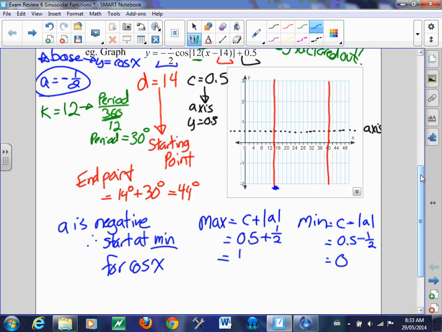And if I start at my minimum and I complete one cycle, I need to also end at my minimum. And then, because it's cosine, I need to get to my maximum halfway between the two. I apologize, I have this line wrong. It should be at 44.